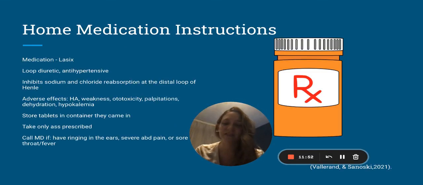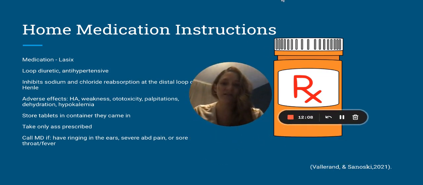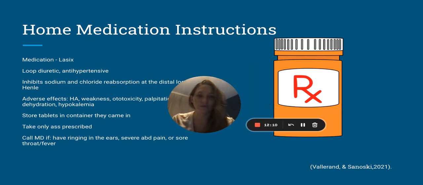Adverse effects: headache, weakness, ototoxicity, palpitations, dehydration, hypokalemia. So you want them to store the tablets in the container they came in, take only as prescribed, call the doctor if you have ringing in the ears, severe abdominal pain, or sore throat and fever.